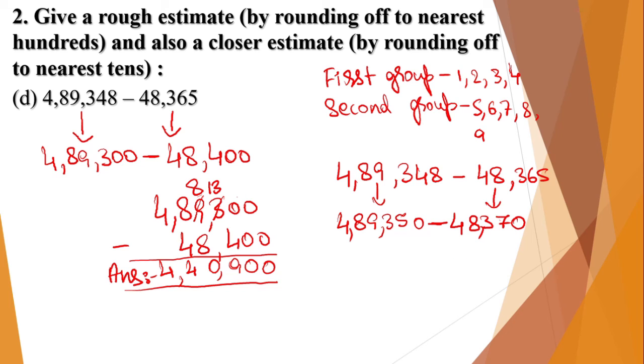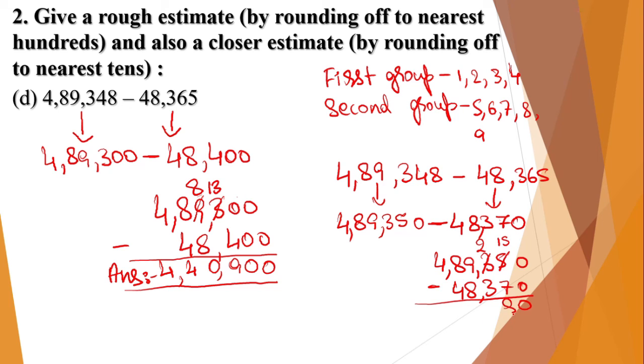Now let's subtract because the operation is subtraction. So 4,89,350 minus 48,370. Now 0 minus 0 is 0 and 5 minus 7 is not possible. So 3 will become 2 and 5 will become 15.